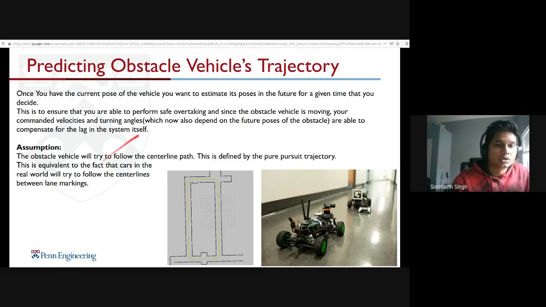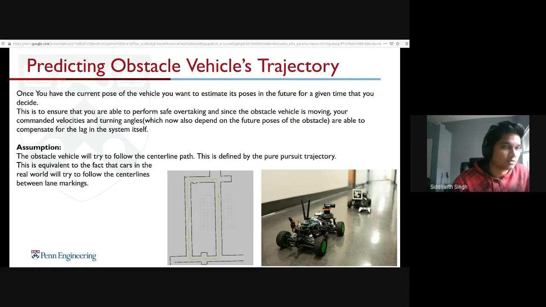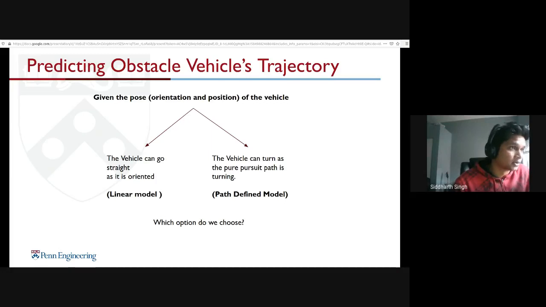Taking that assumption, what can we do? We have two options. When I'm seeing the vehicle and it's pointing straight, we are going to go straight. But although the assumption states it, there's no stopping this vehicle from taking a left or right turn. So we can have two scenarios: the vehicle can go straight as it is oriented, or the vehicle can turn as the pure pursuit path is turning.